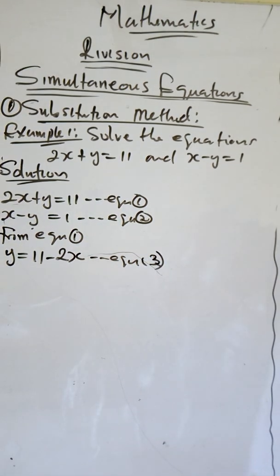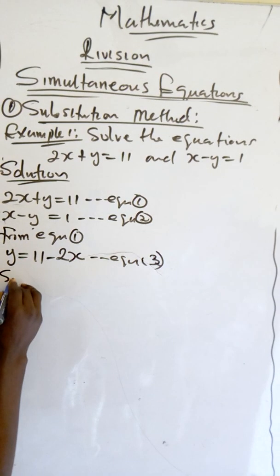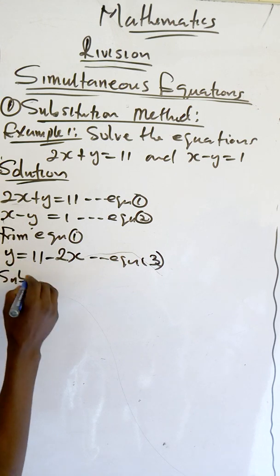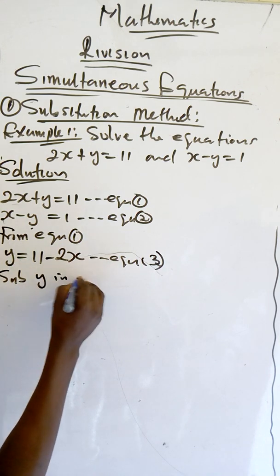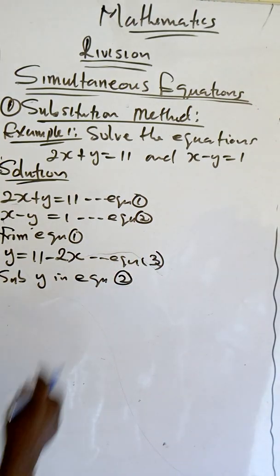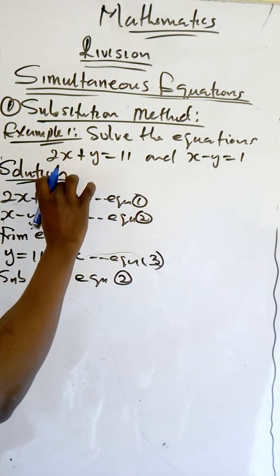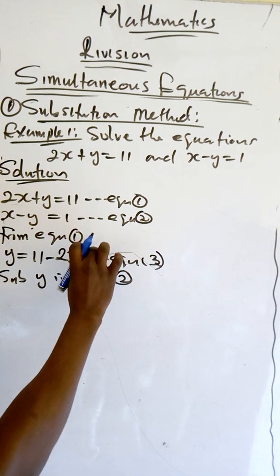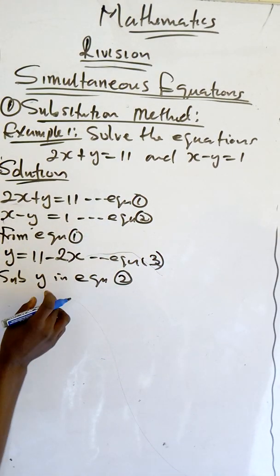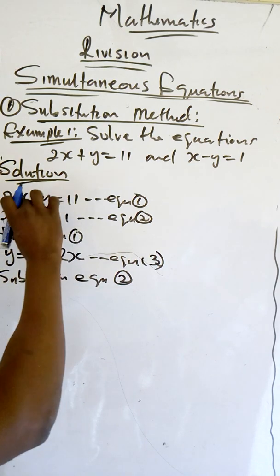Now what we need to do is substitute y in equation 2. We cannot use equation 1 because we have manipulated equation 1 to get our equation 3. So our y here, we are going to substitute into our equation 2.